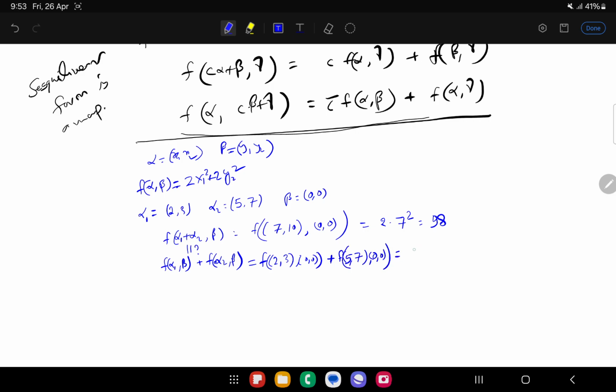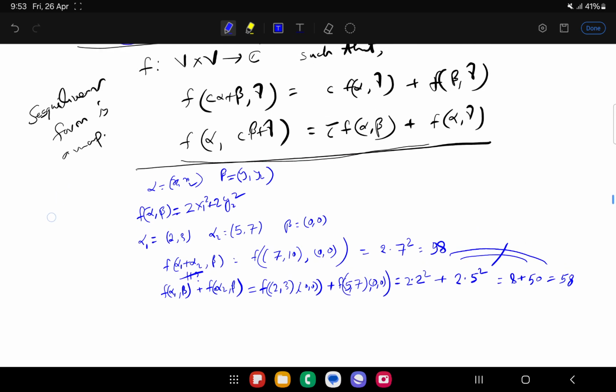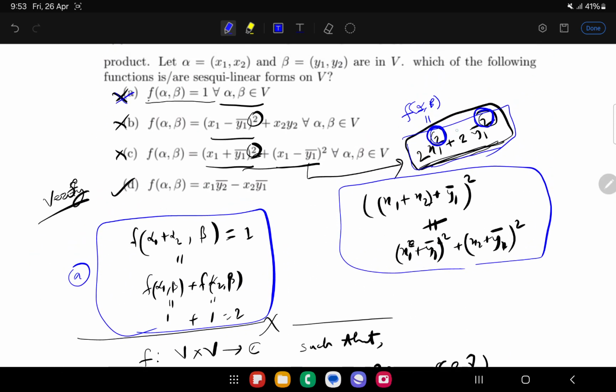We are getting 2 into 2 square plus, from the second, 2 into 5 square, and now we are getting 8 plus 50 is equal to 58. So these two are not equal. So linearity in first coordinate fails because of these square terms, if you see.